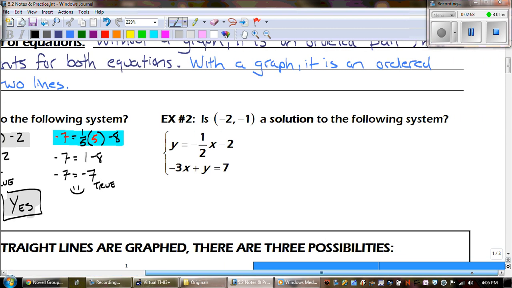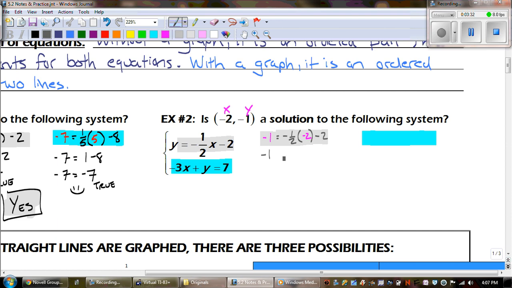All right, let's look at example number 2. Once again, we have our two equations, and we have to plug everything in. They tell us what the x is and what the y is. So our first one, y is -1, and that equals -1/2 x minus 2, and x was -2.